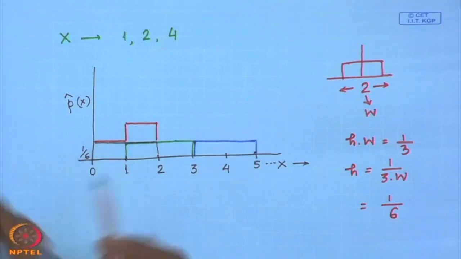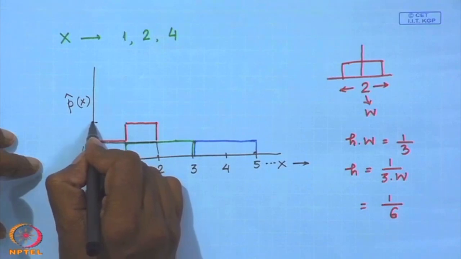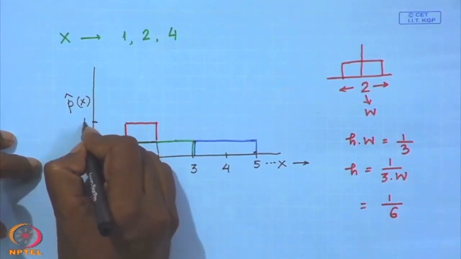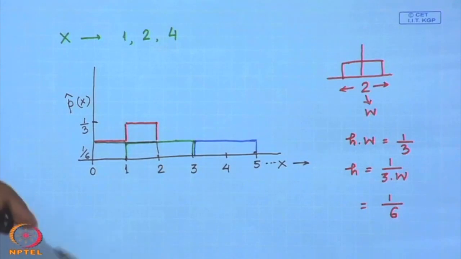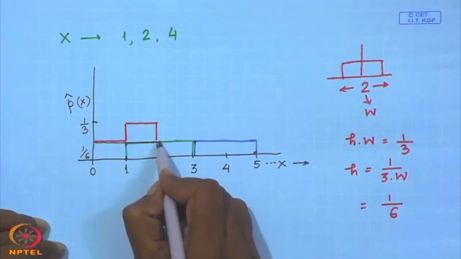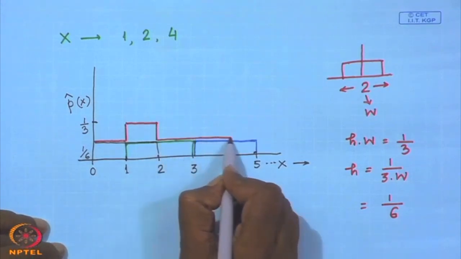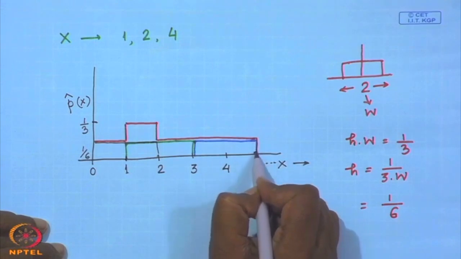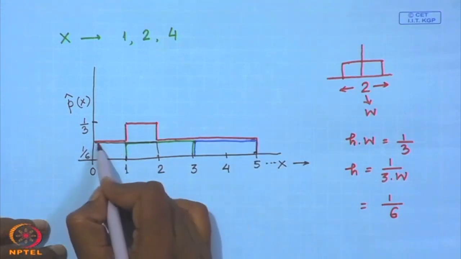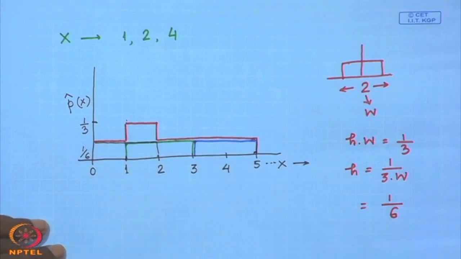So, here it was 1/6. At this location, this height will be 2 into 1/6, that is 1/3. And from 2 to 5, the height will be 1/6. So, this red curve gives me an estimate of the continuous probability density function as represented by these three samples at location 1, 2 and 4.